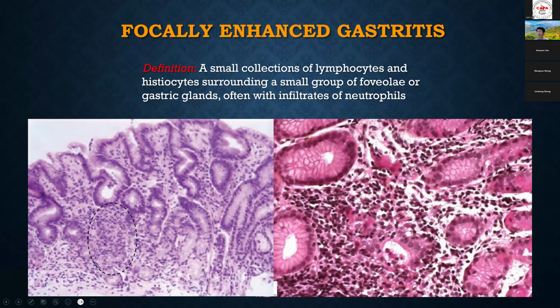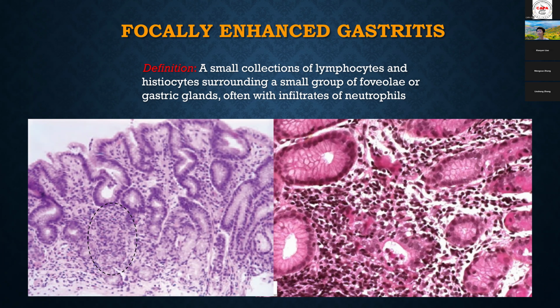What we take on is that focal enhanced gastritis in a pediatric patient may indicate the patient has Crohn's disease. So for pediatricians, if you use this terminology, they are going to do a colonoscopy to make sure the patient doesn't have Crohn's disease. But this finding is not so specific for adults. So usually for pediatric, we say focal enhanced gastritis, and then we put a note to say it is more often seen in patients with Crohn's disease.